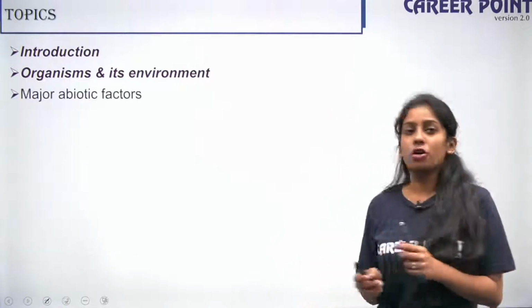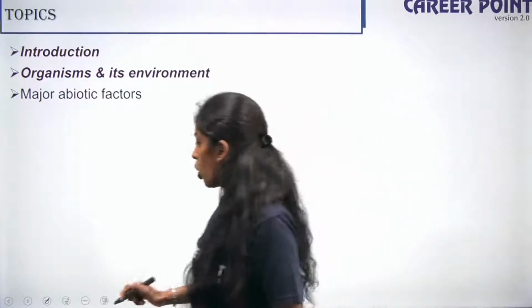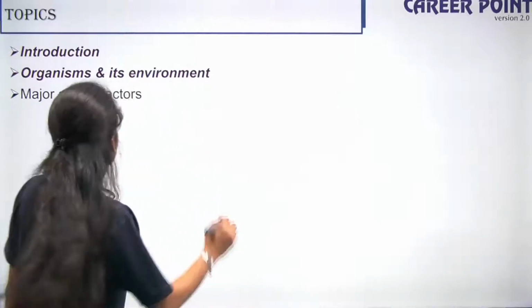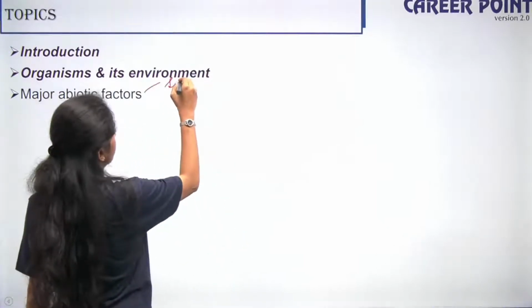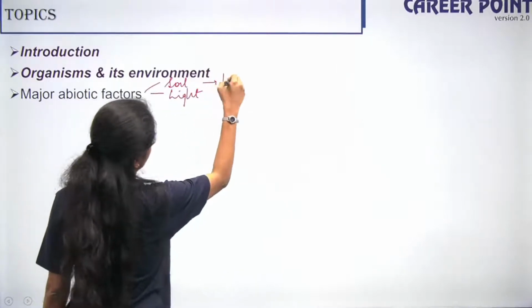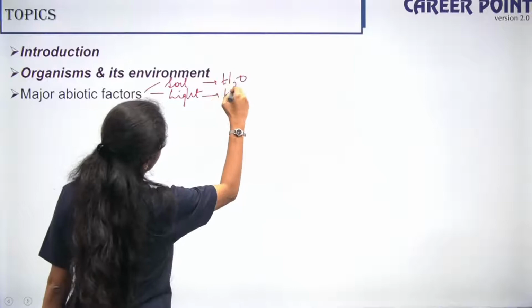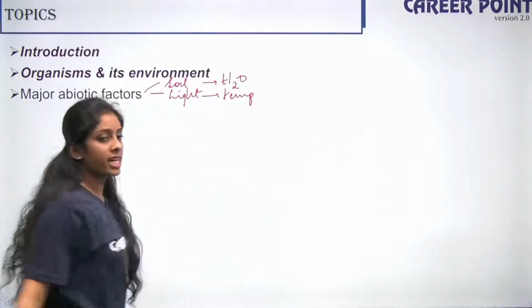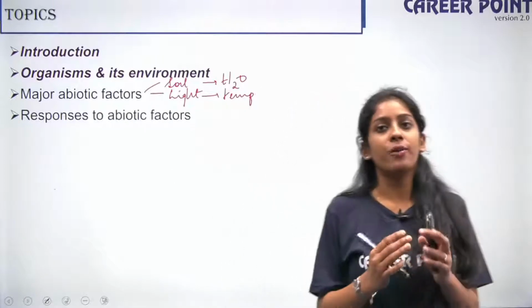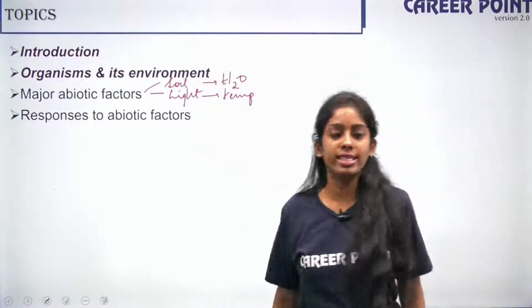Yes, so we spoke about the major abiotic factors. So a quick recap of the major abiotic factors. What are they? So there are 4 major abiotic factors: soil, light, water and temperature, right? So these are the 4 abiotic factors that we were talking about. And next we spoke about how we respond to these abiotic factors.